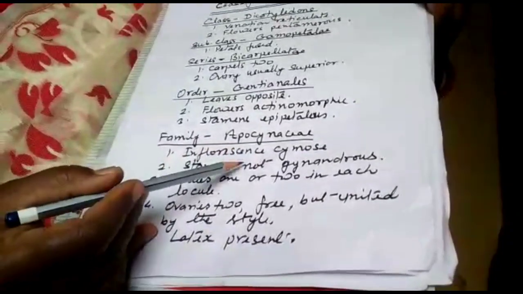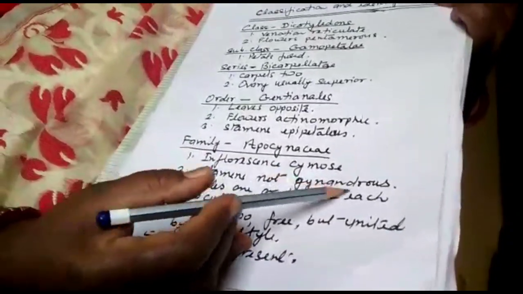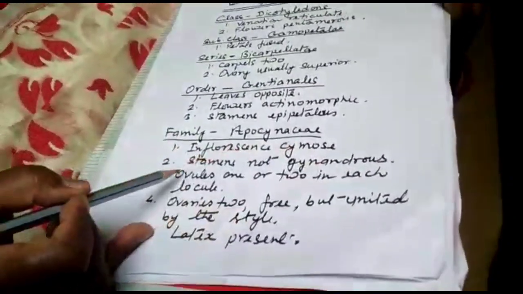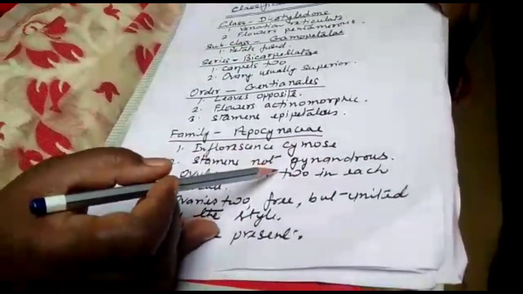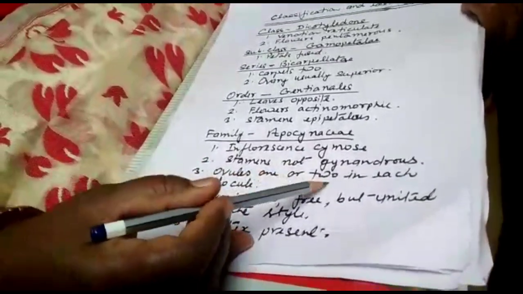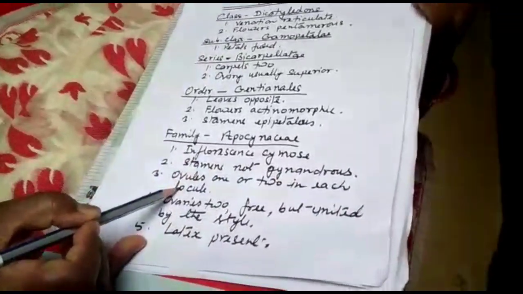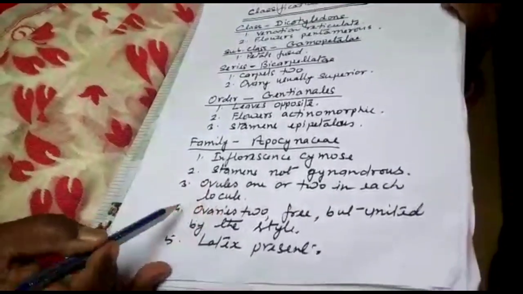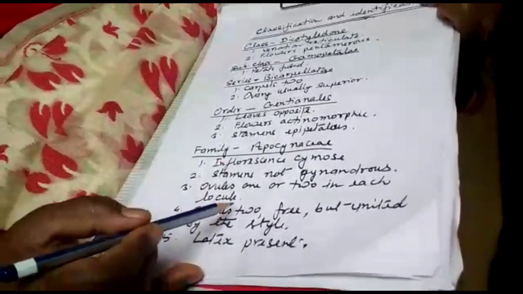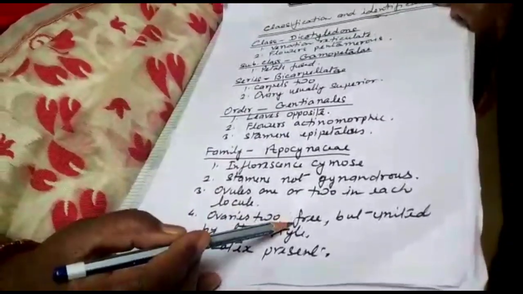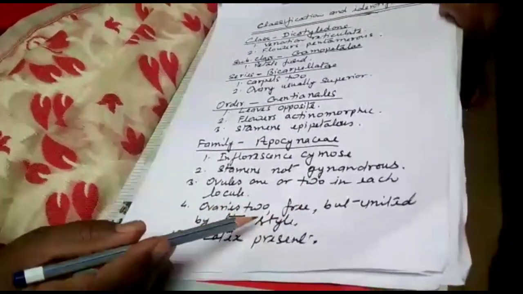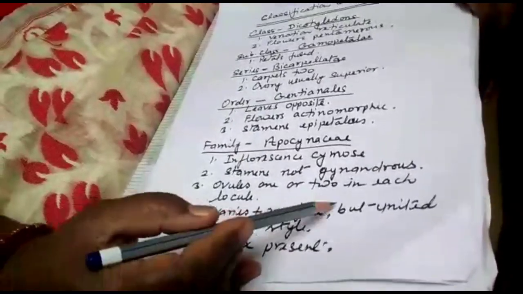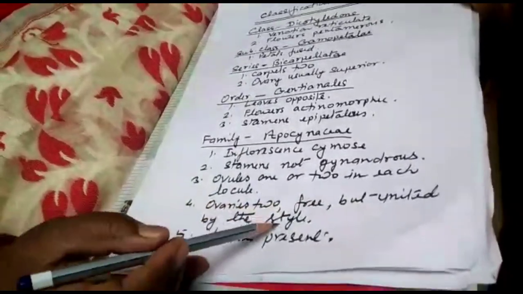Then stamens not gynandrous. Then ovules 2 in each locule. That means 2 ovules are found in each locule. Then ovaries 2, free but united by the style.